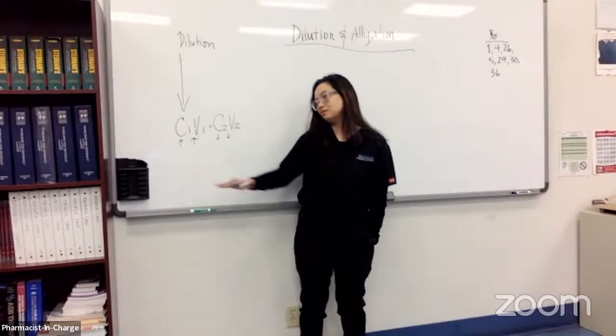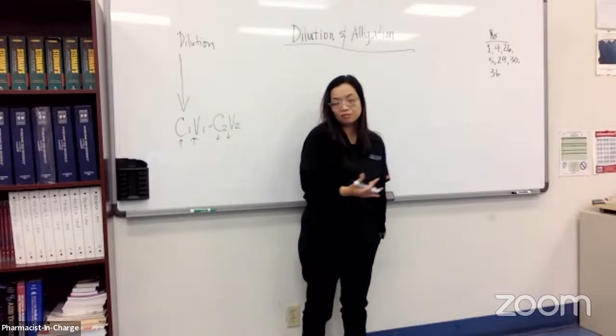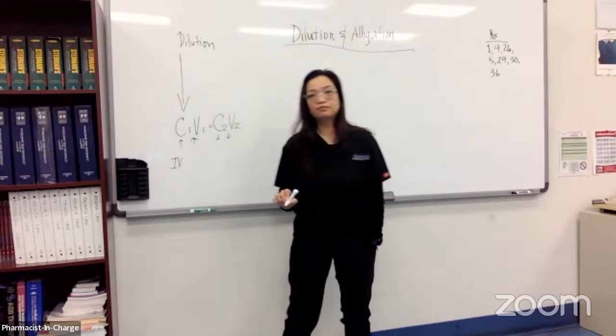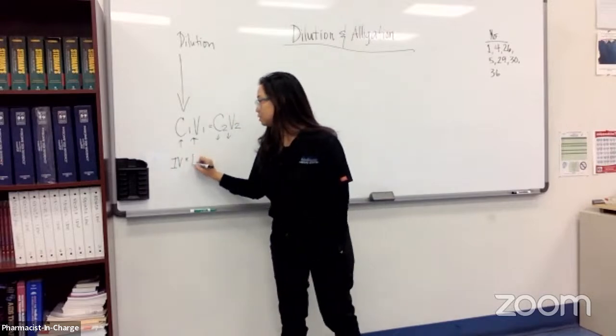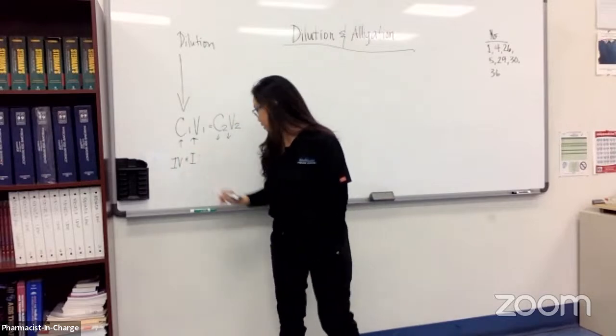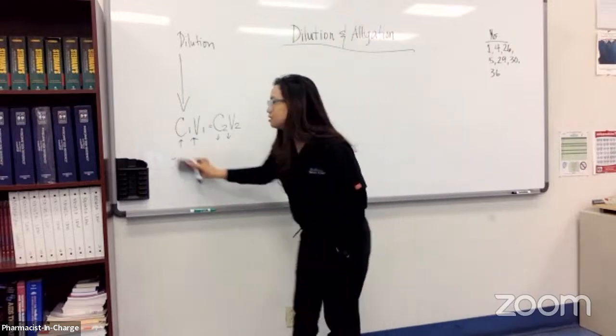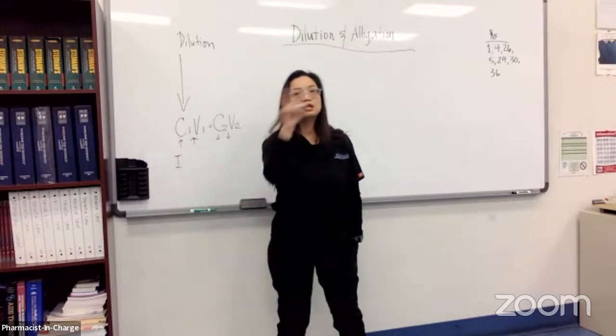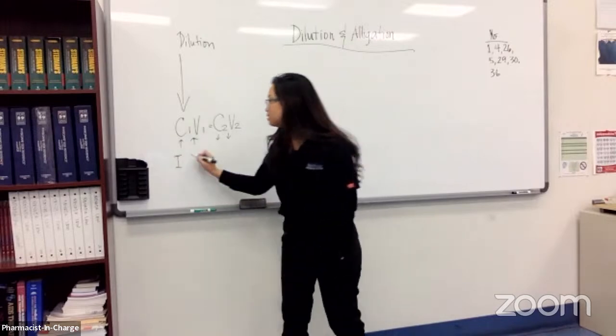Other books, which I don't like using these abbreviations, write initial strength times initial volume equals final strength times final volume. Formula wise it doesn't matter, but I want you to know that concentration, like what we were talking about yesterday, is the same as strength.